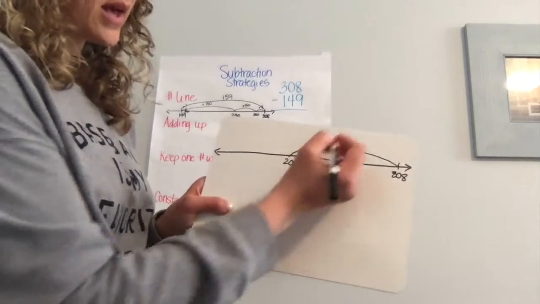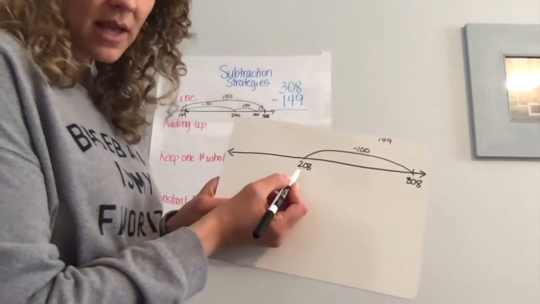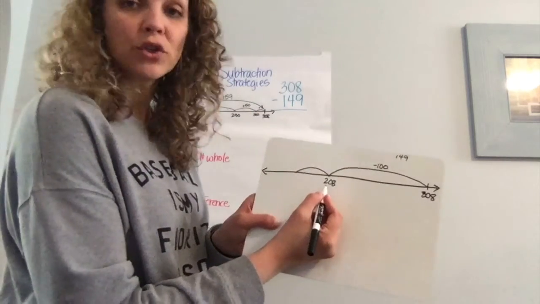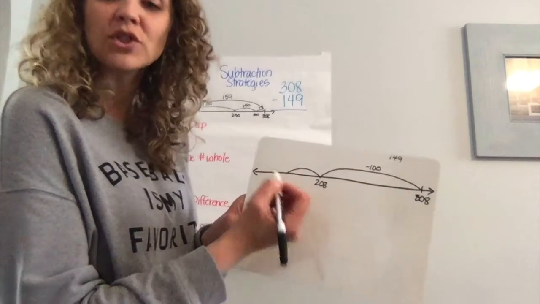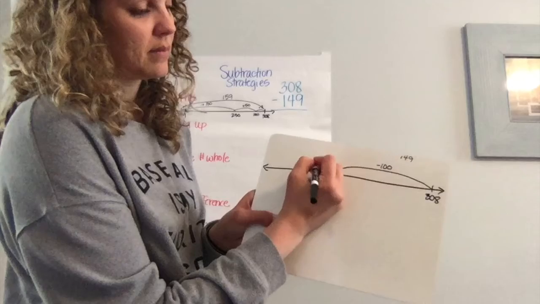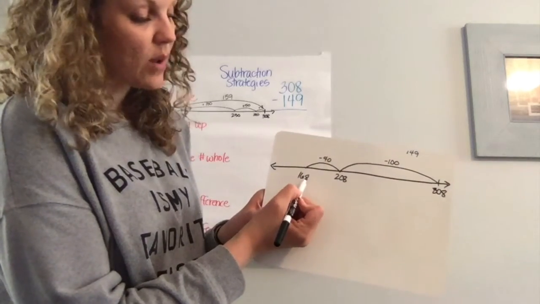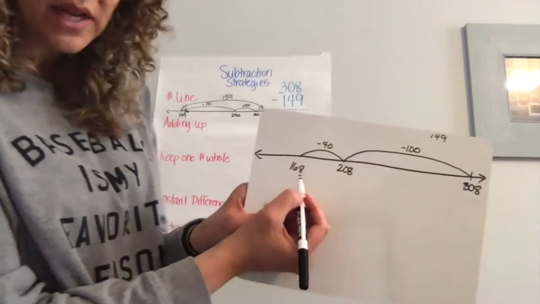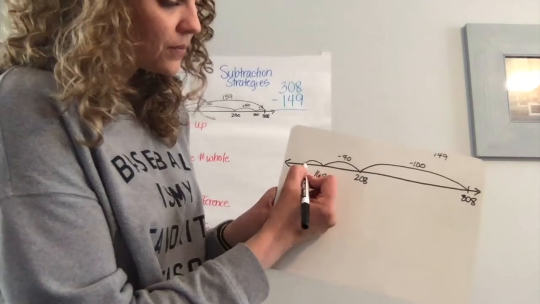And then, because remember we're taking away 149, I'm going to take away 40. It helps me to think about this: I have 20 tens here, and I'm taking away 4 tens, which is 16 tens. And then I'm going to take away 9. Well, I'm going to break my 9 up into an 8 and a 1, because there's an 8 right here in the ones place, so I know that 8 is inside of 9.